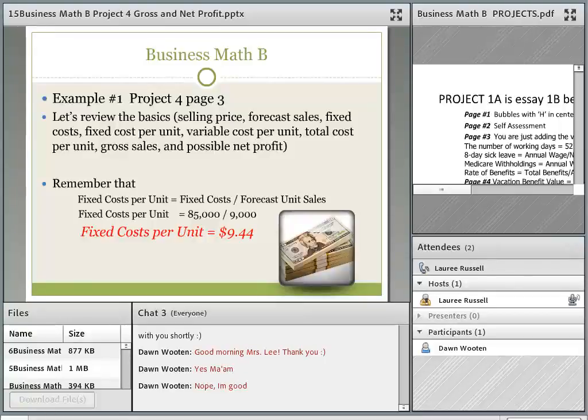So it cost $9.44 per unit. Okay, I'm looking here to see where that is an example of. That is an example of line 1, 2, 3, 4, 5. Line 5.